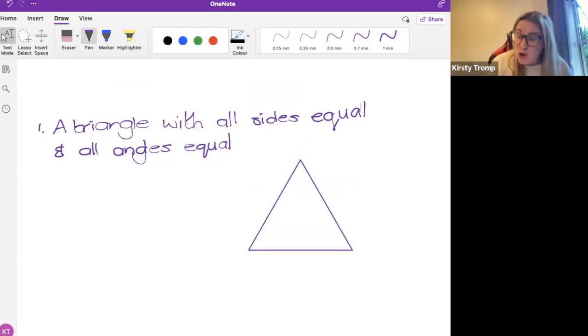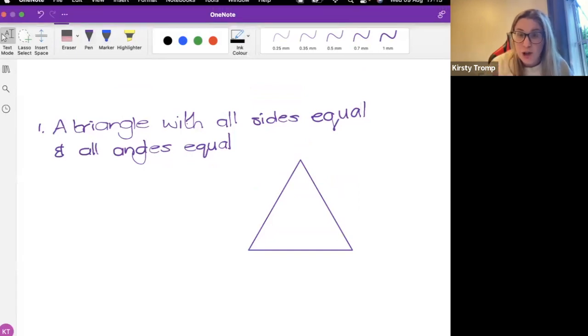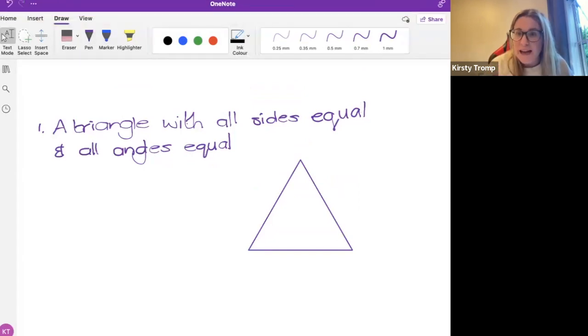So how do we show that that is an equilateral? Who's going to talk to me and tell me how we show that's an equilateral? Tara Jane, talk to me. How do we show that's an equilateral? Hi, ma'am. Use the small lines on each side.